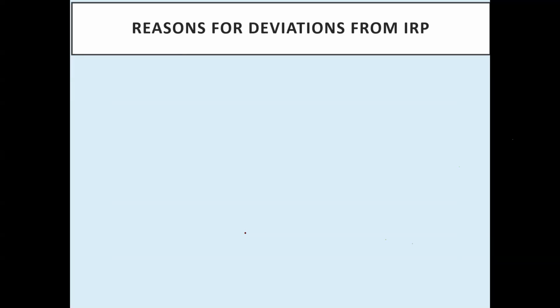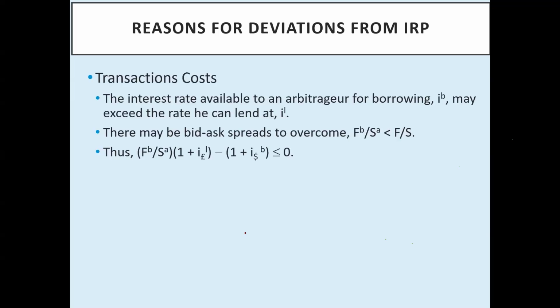All right. So we have said before that the IRP should hold, otherwise there would be arbitrage. And finally, the arbitrage activities will bring the IRP back to equilibrium, right? But in real life, sometimes there could be discrepancies between the theoretical IRP rate and the actual forward rate, for example.